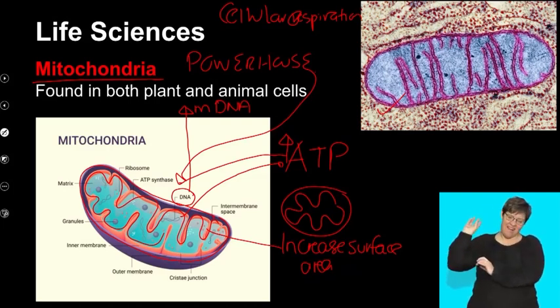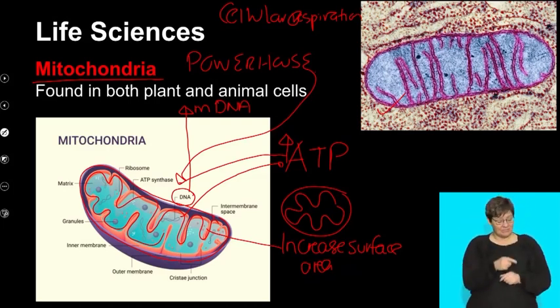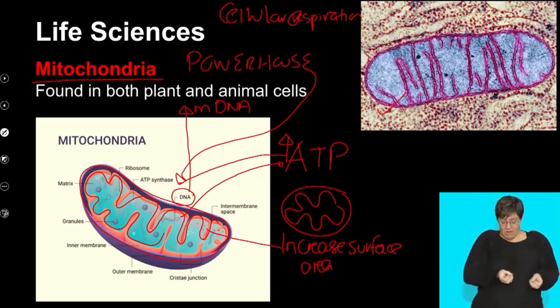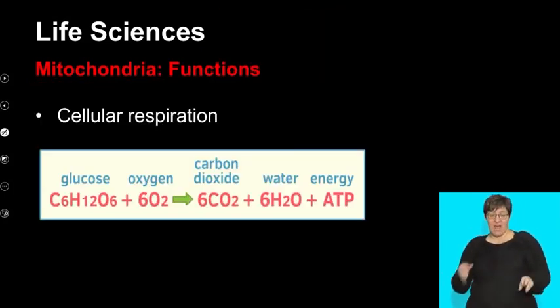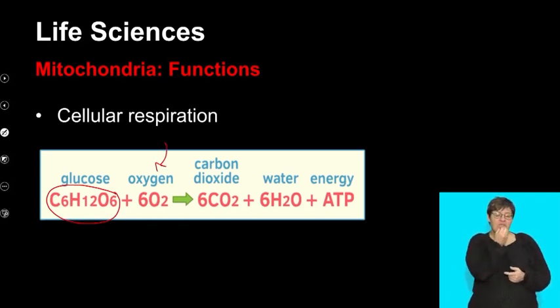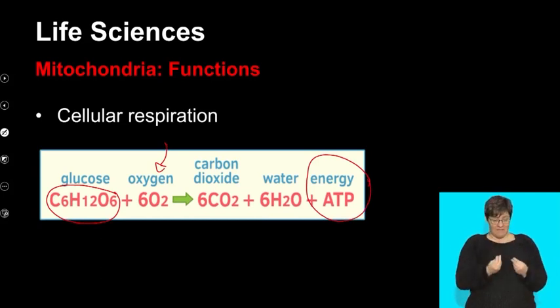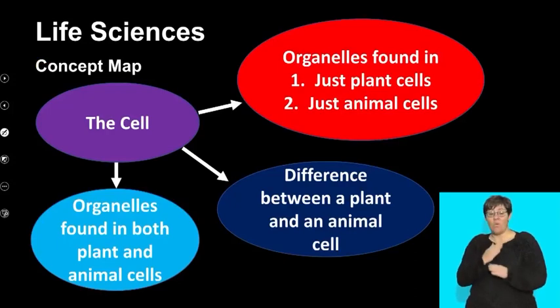Moms pass mitochondrial DNA on to their children. Dads don't pass it on at all. So guys, this is the concept of cellular respiration. The glucose, the food that you eat, and your body needs oxygen, and here we go, we give off this energy. If we don't have energy, our body can't do any work.